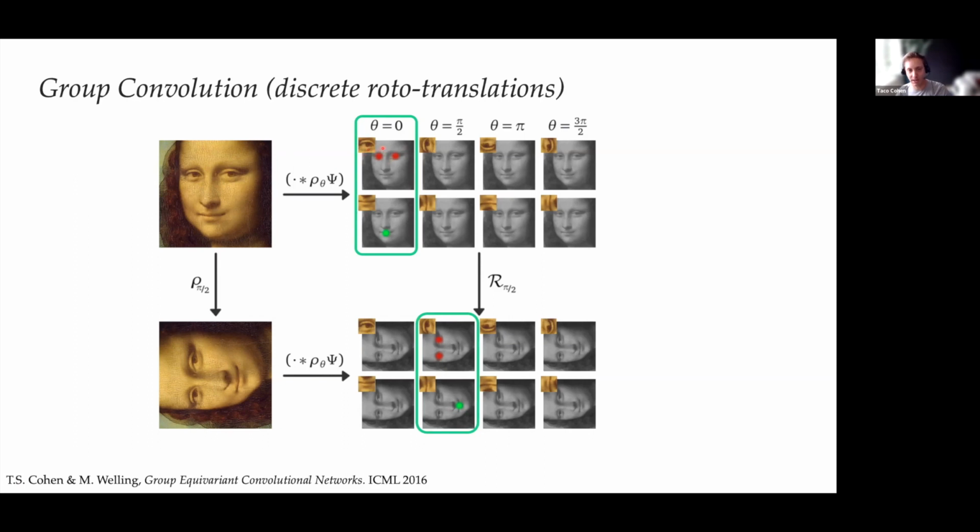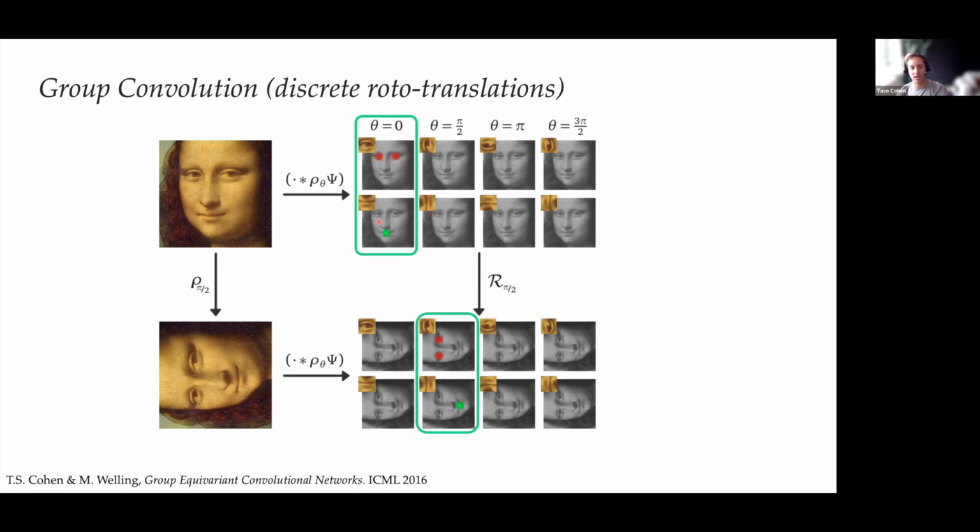We translate the filter, and at each position compute some kind of inner product, some kind of match between the filter and our image, and we register a response. In this case, this eye detector filter fires, of course, in the position of the eyes, and that's a translational convolution.